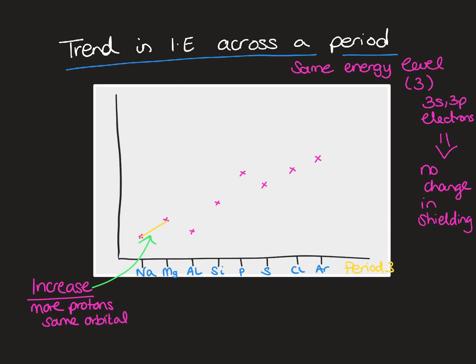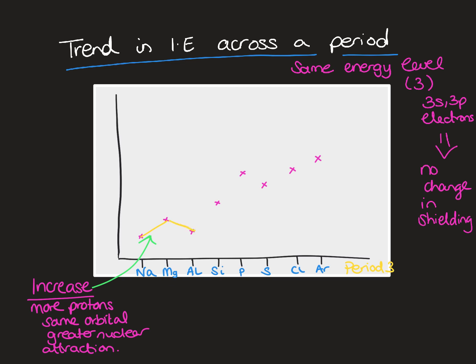Therefore we have a greater attraction to the nucleus because we've got more protons. So the outer electron, or one of the outer electrons, for magnesium is harder to remove than it is for sodium.